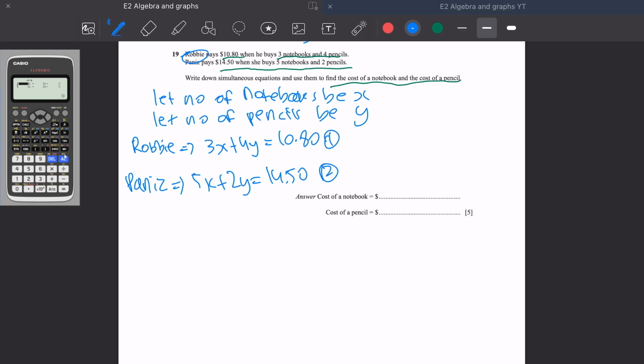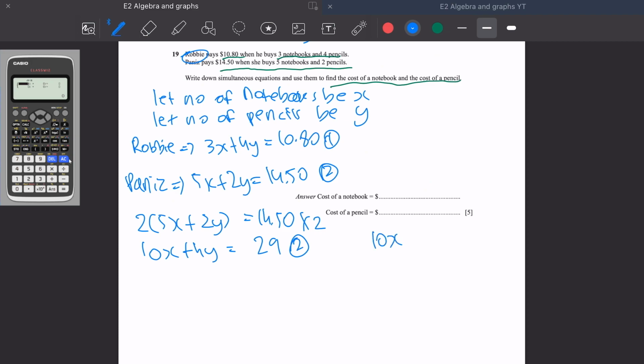Again, let's bring the coefficient of one variable the same. So let's multiply the second equation by 2. So you get 10x plus 4y is equal to 2900. So let's subtract the two equations. 10x plus 4y is equal to 2900 minus 3x plus 4y is equal to 1080.